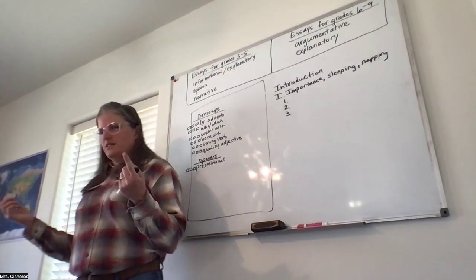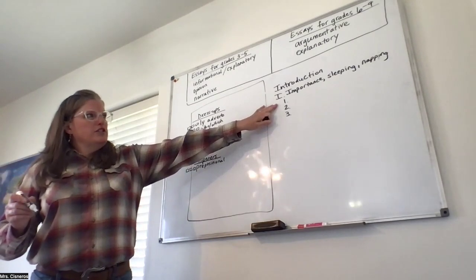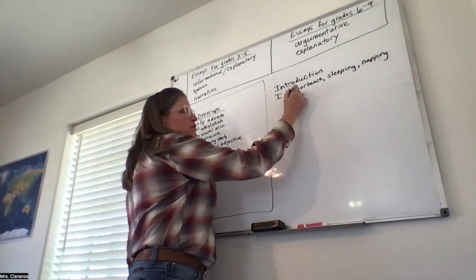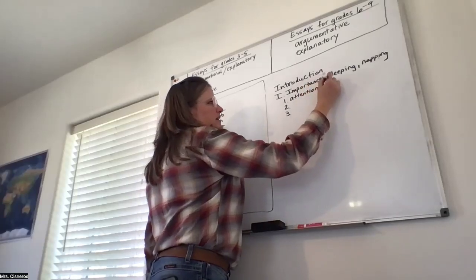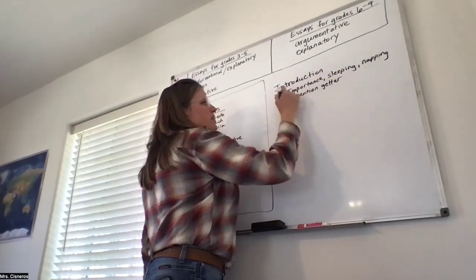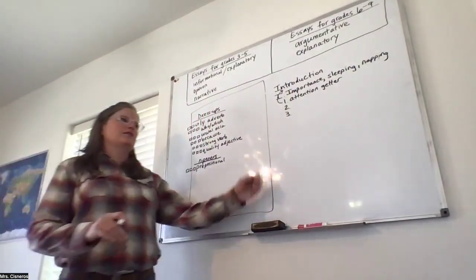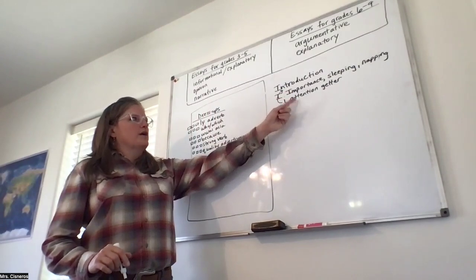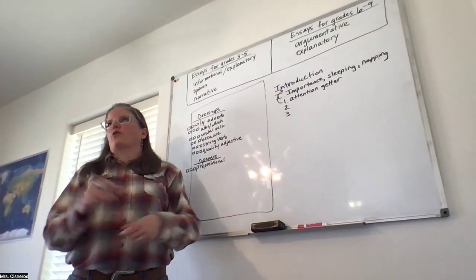You can start with a sentence like that. So this would be your attention getter. Actually, go ahead and put attention getter right here. And this will be how you start your paragraph. I'm just going to draw a little arrow here. I'm kind of going backwards on this, but it's okay. You're going to start by grabbing their attention with a question or quote.